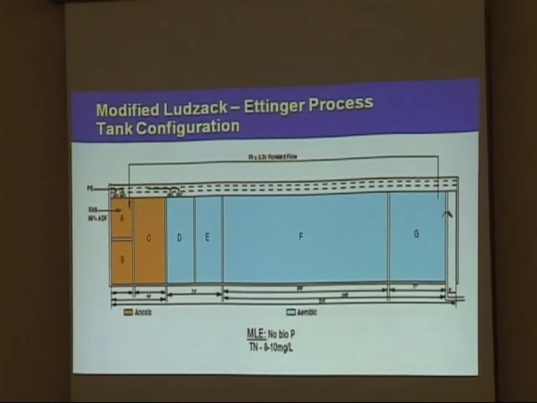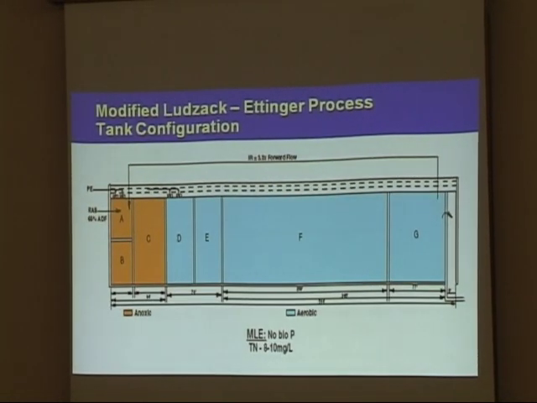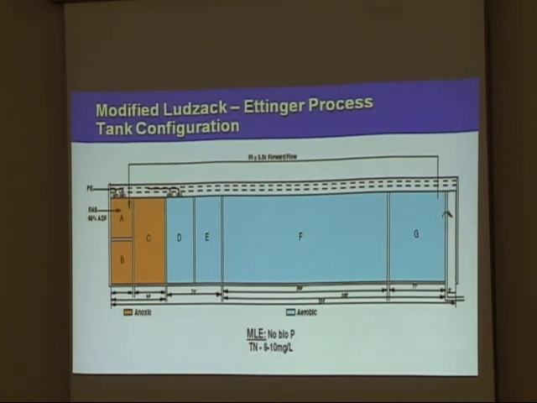Okay, guys. Picking up now. As you recall, we started out with the modified Ludzack-Ettinger process tank configuration back in October when we started up the North Battery. In that case, you have cells A, B, and C in an anoxic mode, and D through G were aerobic.